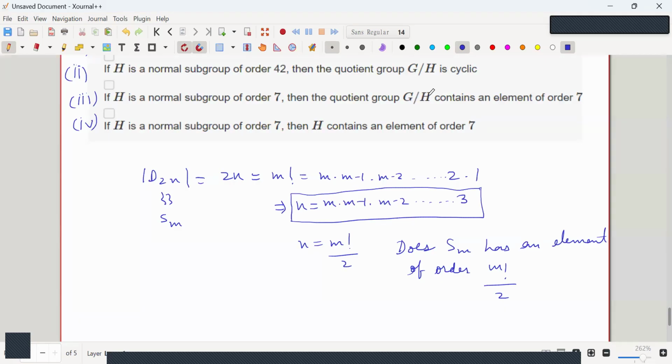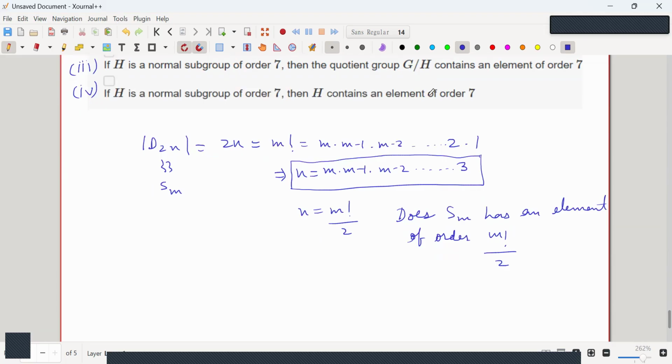You write everything as a product of disjoint cycles, and the LCM of the orders of those cycles is the order of that element.